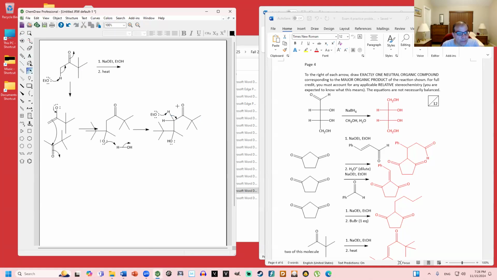So the first step is deprotonating alpha to the carbonyl. That will give an enolate that looks like this.